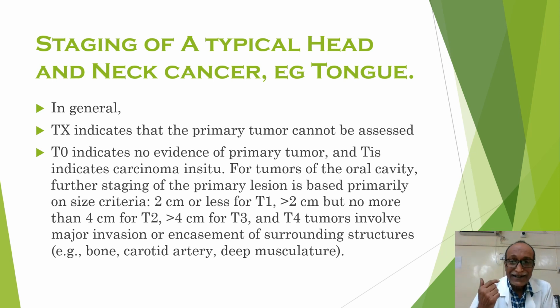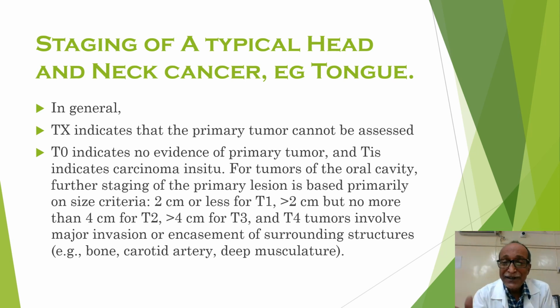If you have, for example, a lymph node in the neck, you will look for a primary site in the oral cavity. The lymph node has got cancer and you don't find anything inside, no primary tumor, then it is called T0. TIS, IS in small letters, is called in situ. Now onwards, T1, 2, 3, 4.